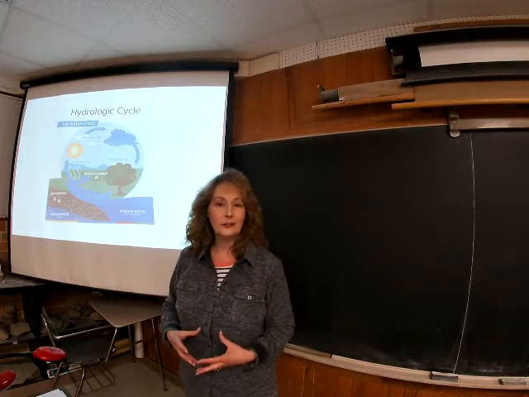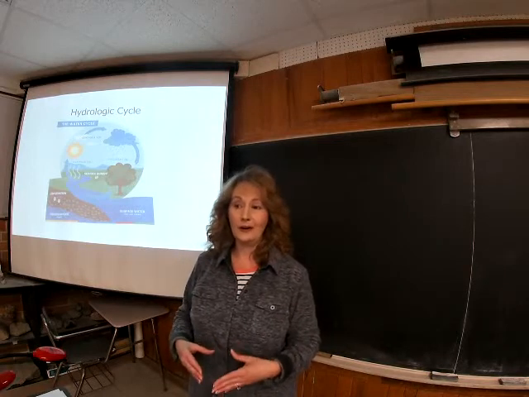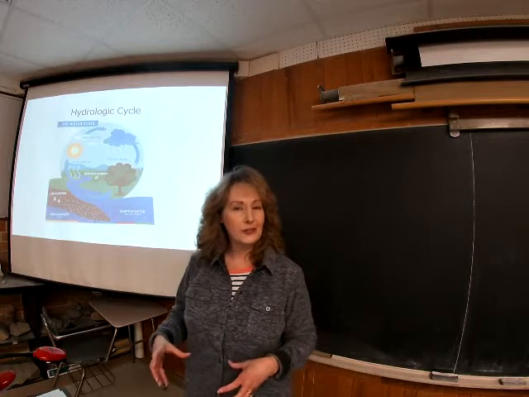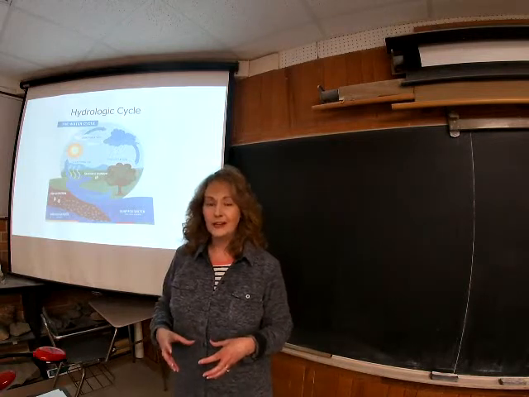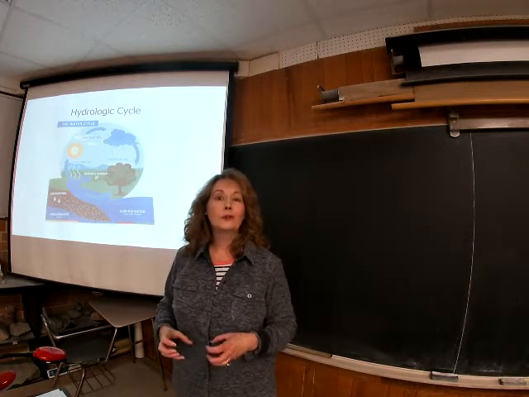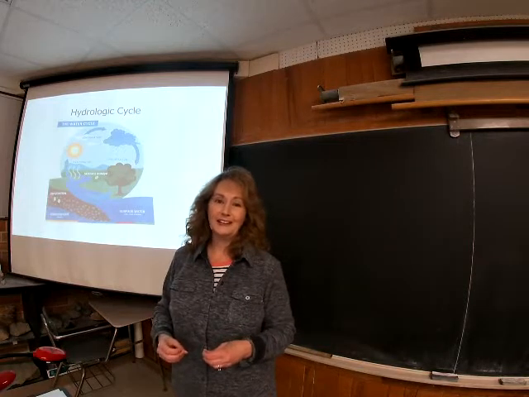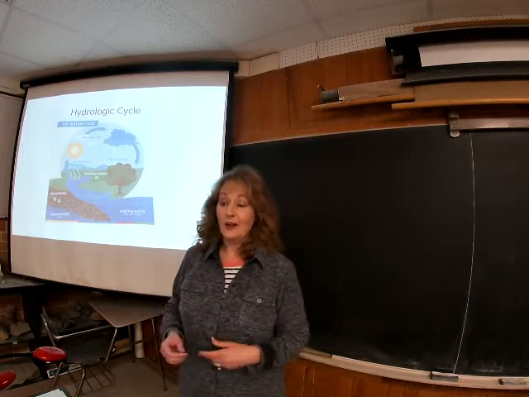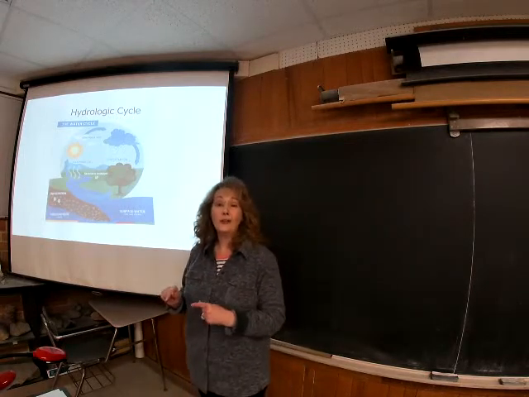The hydrologic cycle is an excellent example of the interrelationships of the four spheres we talked about in the introductory chapter, the Earth's four spheres. Of course, the biosphere, that's us, but we've also got the hydrosphere, the geosphere, and the atmosphere. This one has all of those.